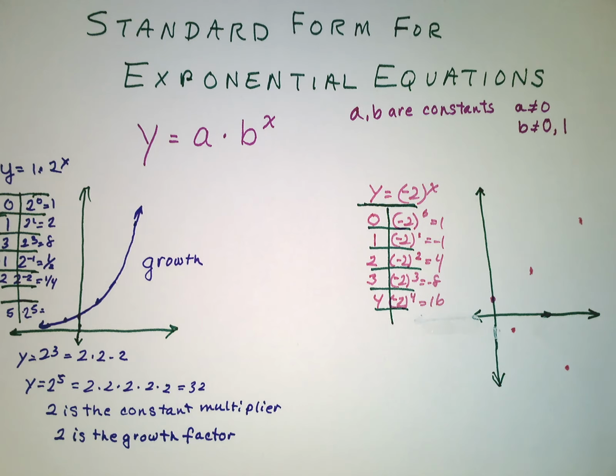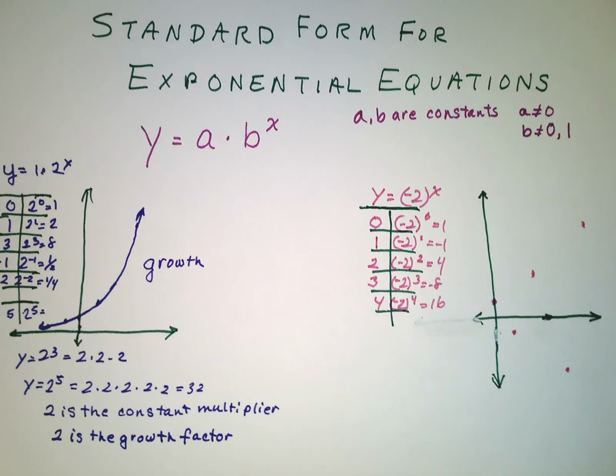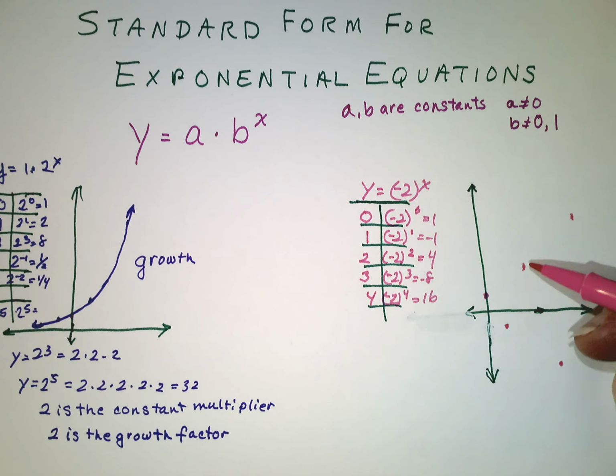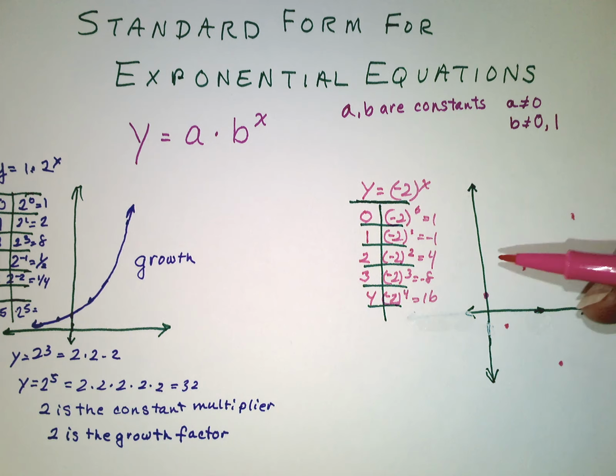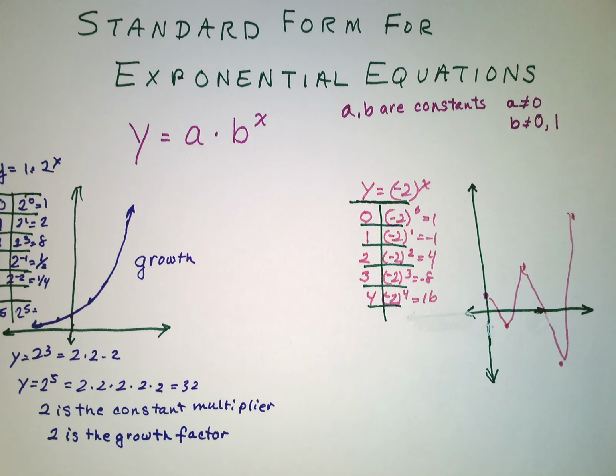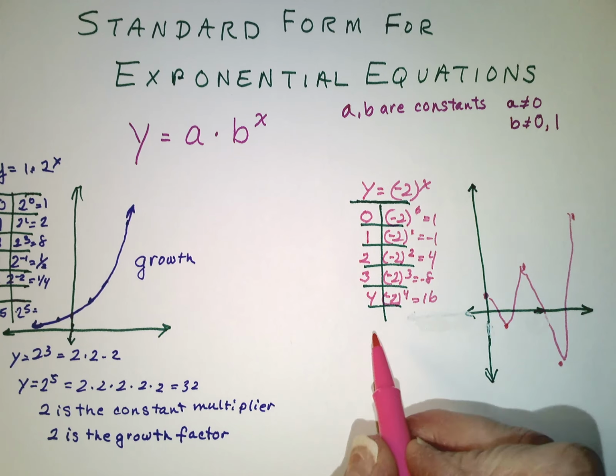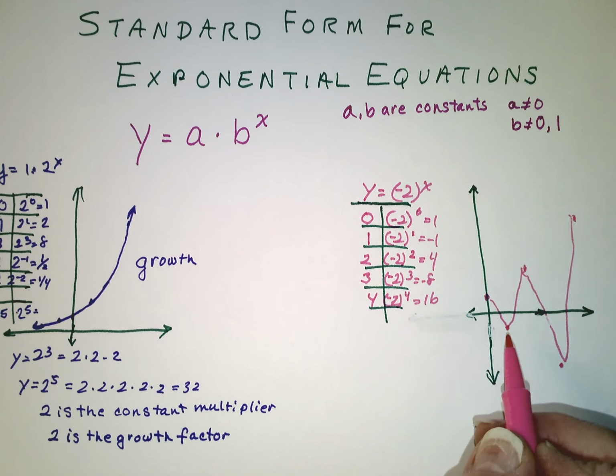Well, this is causing a problem here. This thing is zinging back and forth. And so our graph is doing something like this. This is not an exponential graph. It doesn't behave itself.